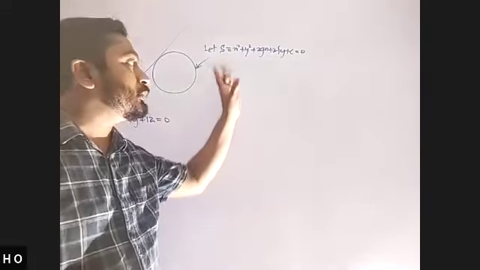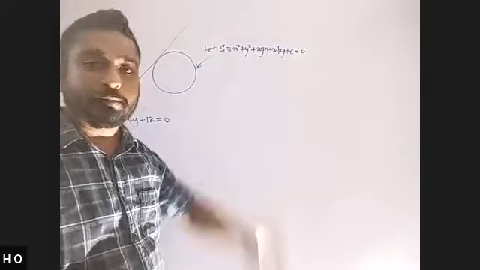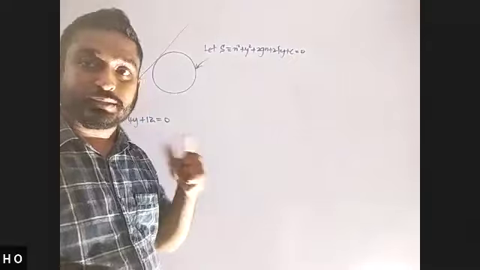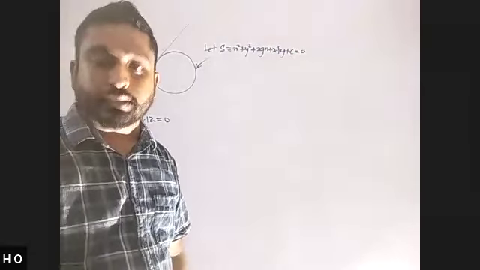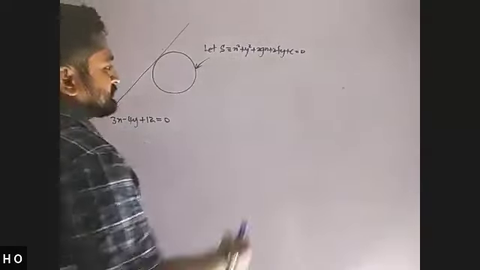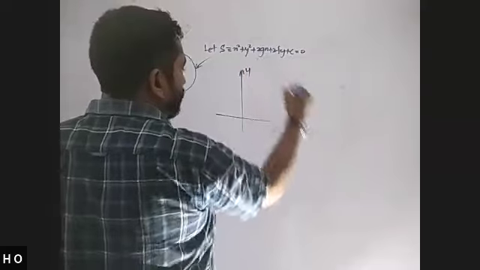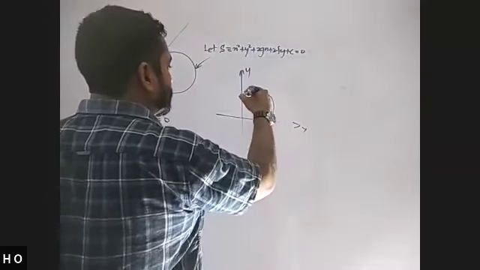What if we can find some of the unknowns? We have three unknowns, like g, f, and c. If we can find them using those data, it will be useful. The circle touches the coordinate axes. We don't know the coordinates, so we just mark it generally here.